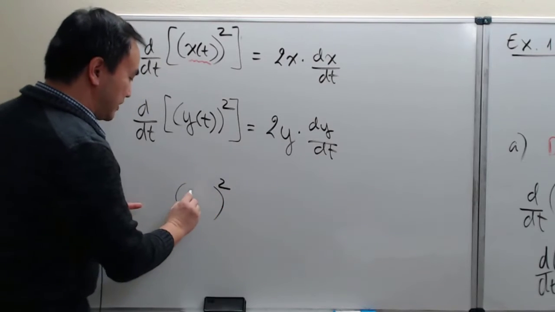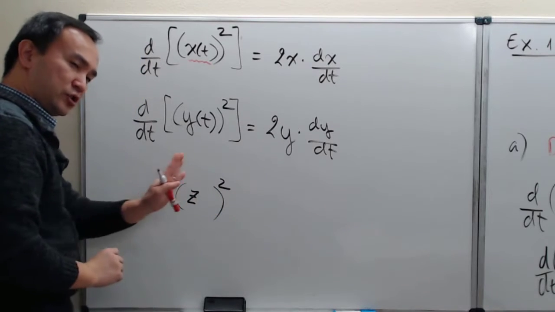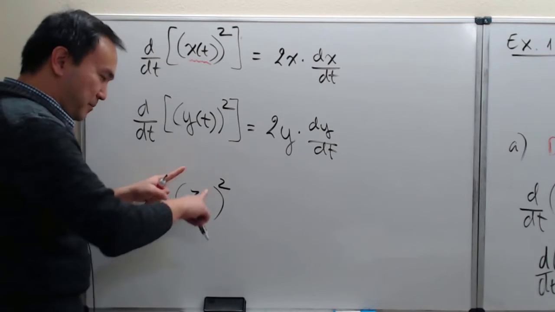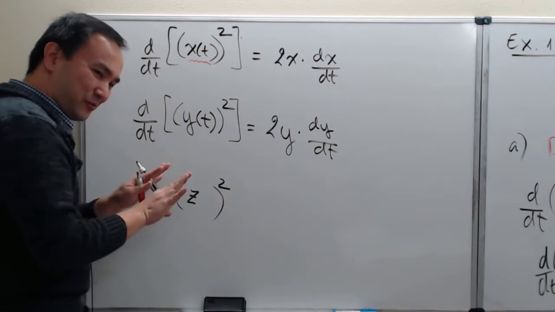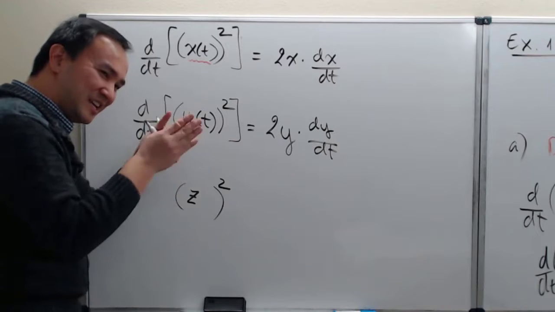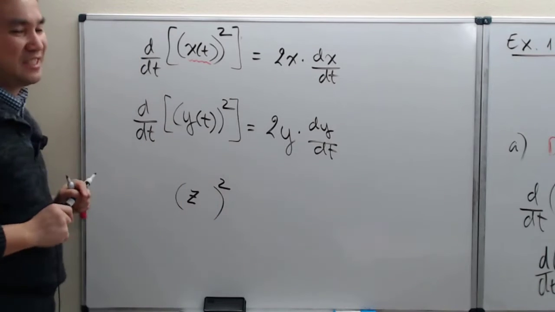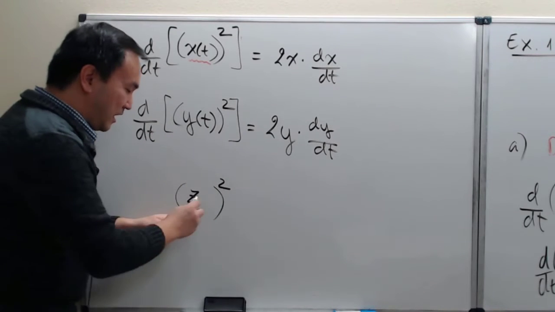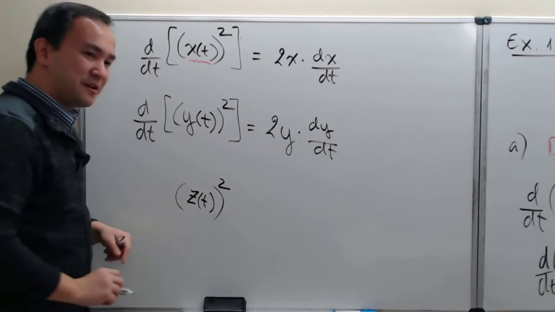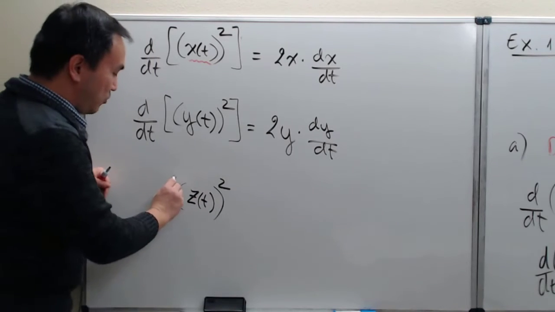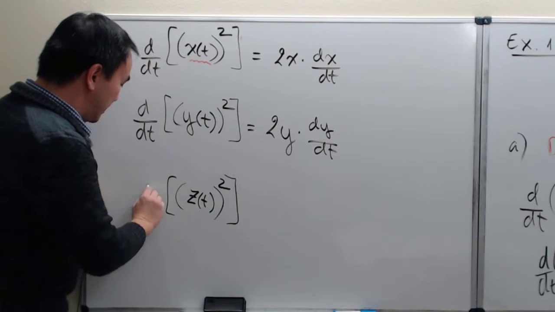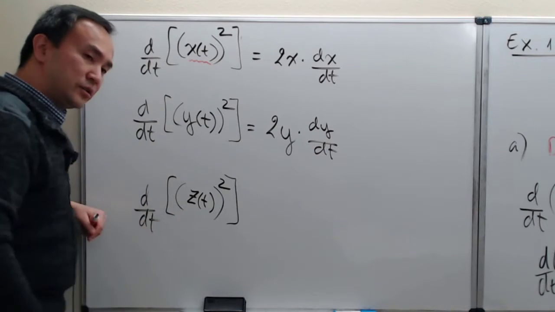It's a square of the z variable. I purposely wrote it from the outside in, so people can sense the inside and the outside nature of these things right here. And z itself is a function of t. Okay, and so in that way, I am now going to take the derivative with respect to t.